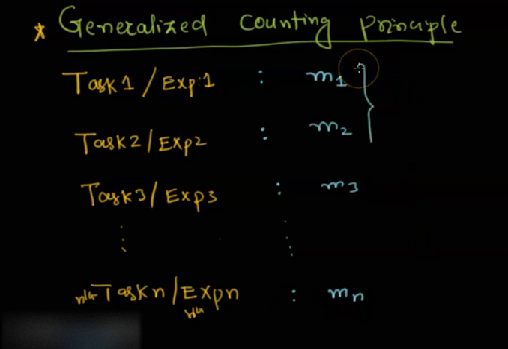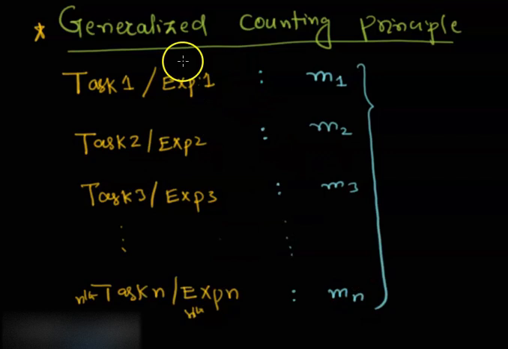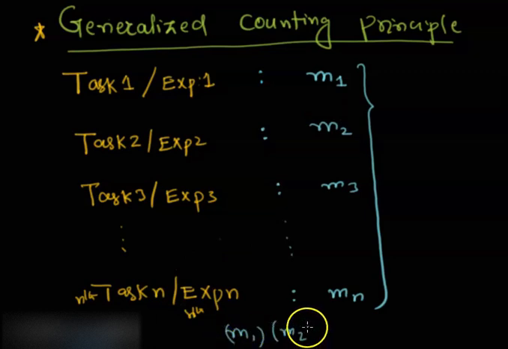Then, performing all of these tasks together, we can conclude that there are m1 multiplied by m2 multiplied by m3, and so on up to mn, this many possible outcomes if you are performing all of these together.